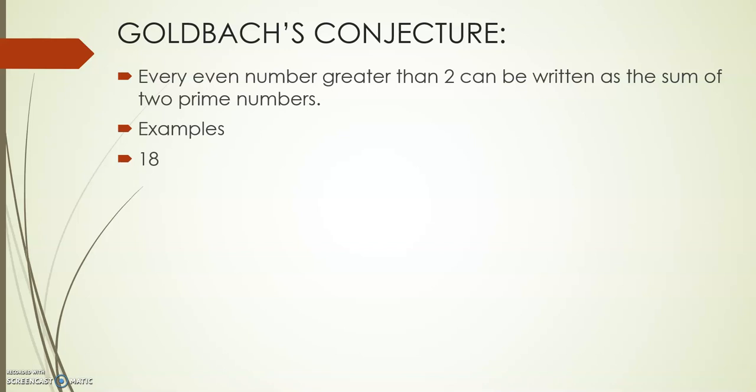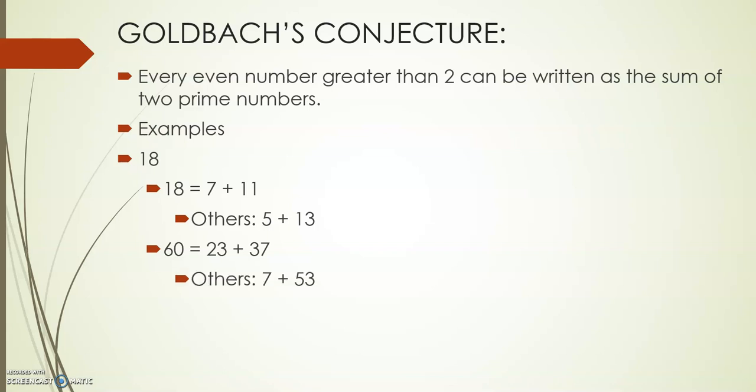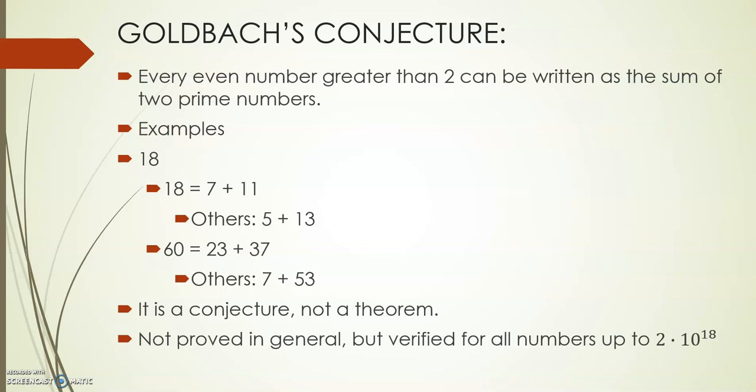Examples: 18 is 7 plus 11, or it's 5 plus 13. 60 equals 23 plus 37, or 7 plus 53. It is a conjecture, not a theorem. It's not proved in general, but it's verified for all numbers up to 2 times 10 to the 18th.